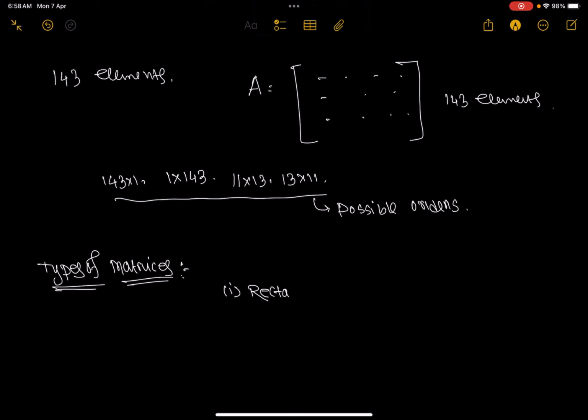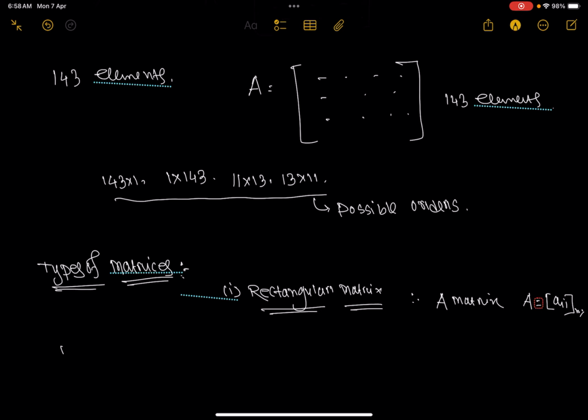What is a rectangular matrix? Let a matrix A equal A of ij with m cross n. It is called a rectangular matrix.